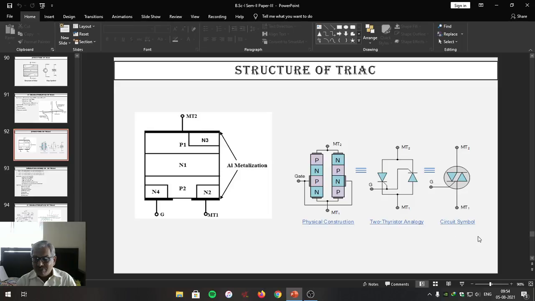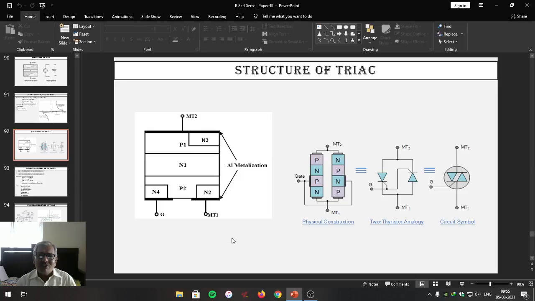So this is the circuit symbol. This is a symbolic two SCR anti-parallel connection of the TRIAC. This is the region-wise two SCRs connected in anti-parallel so as to form the resulting structure as a TRIAC. Friends, this is the construction or structure of a TRIAC.